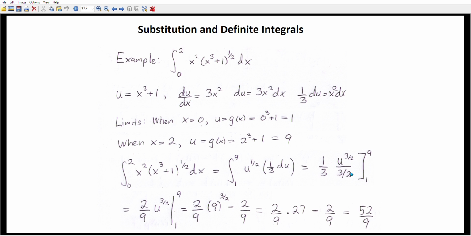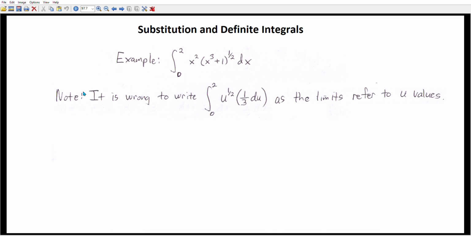Dividing by 3/2 is the same as multiplying by 2/3, so we get a 2/9 u to the 3/2 between 1 and 9, which is then 2/9 times 9 to the 3/2 minus 2/9 times 1 to the 3/2, which is 1. And 9 to the 3/2, the square root of 9 is 3. 3 cubed is 27. So we've got 2/9 times 27 minus 2/9, which works out to be 52 over 9.